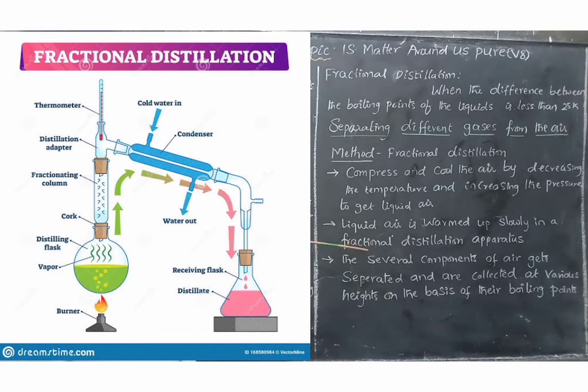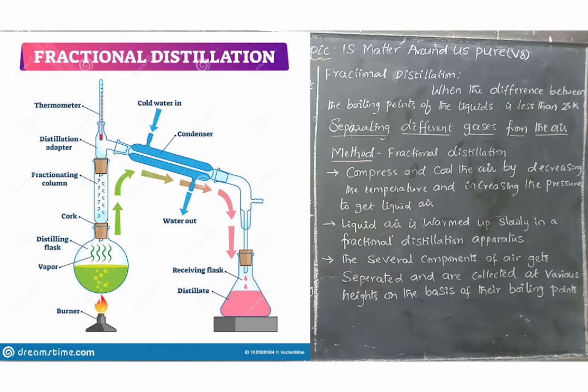If you warm it up, the several components of the air get separated and are collected at various heights on the basis of their boiling points. Depending upon the boiling points, they are separated at different heights, so that you can get whatever gas you want from the air by using the fractional distillation technique.